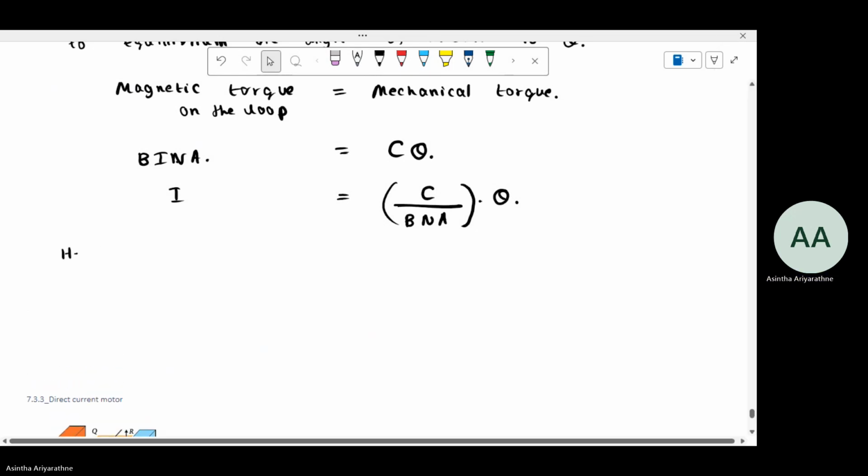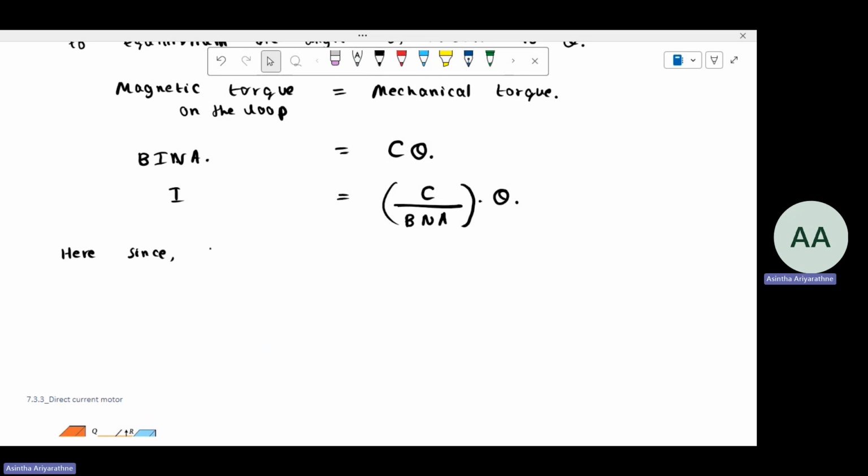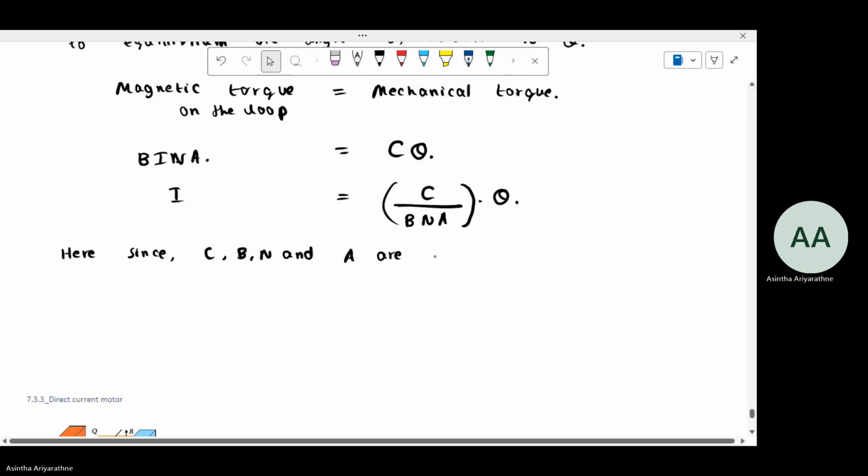Here, since C, B, N, and A are constant, I is proportional to theta. Theta is the angle of deflection.